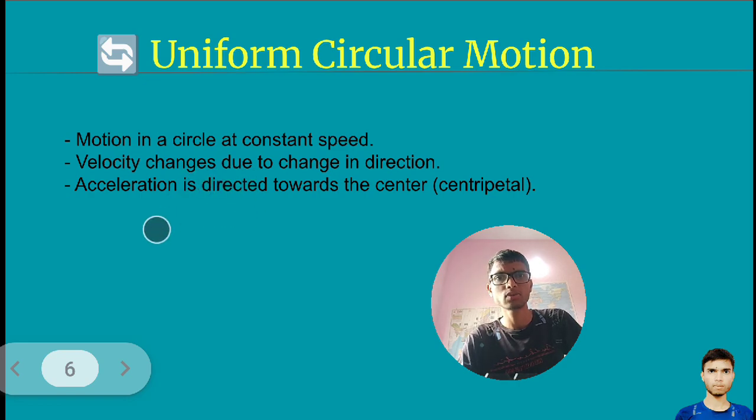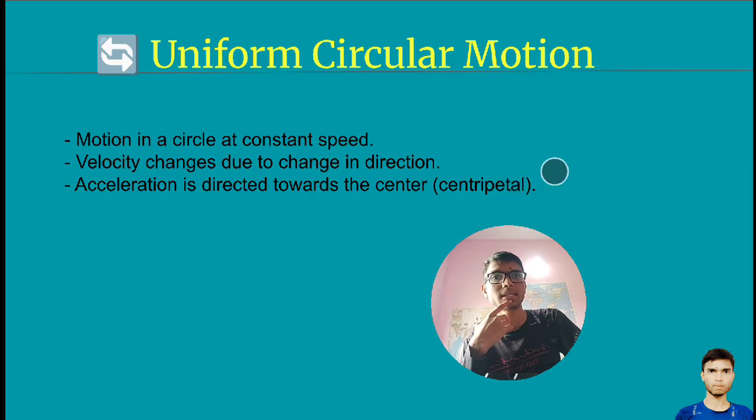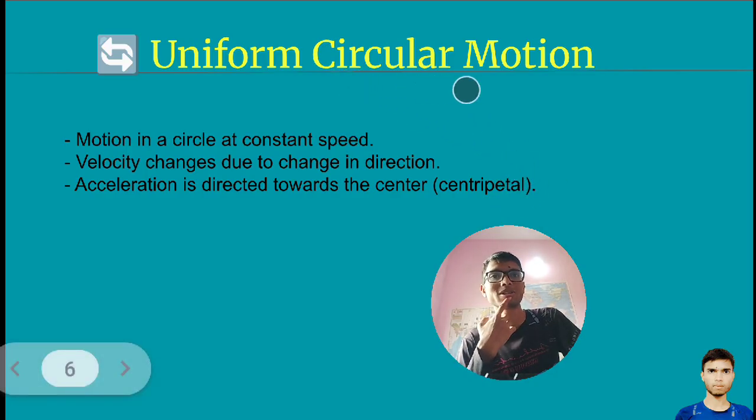Now what is the meaning of this? This is a circle, and an object is moving like this. It means acceleration is directed from the circular path toward the center like this. Clear? In detail, this type of motion is also considered as centripetal.